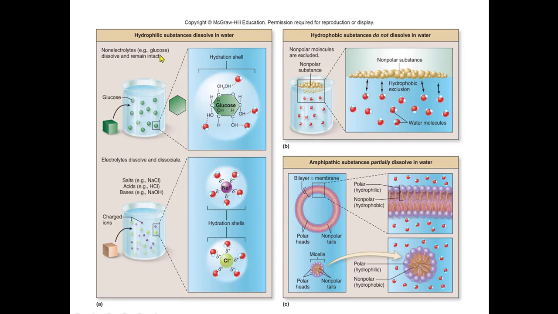And remember, glucose is a covalent thing, so covalent things tend to stay chemically intact in water, whereas ionic things are chemically broken apart. So picture A is important for that purpose.